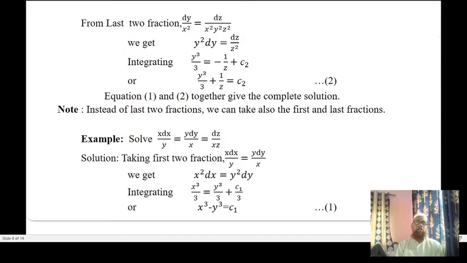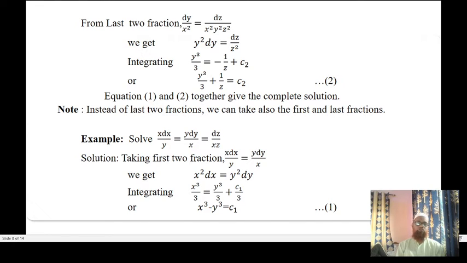Next, consider the last two fractions: dy by x square equal to dz by x square y square z square. So both x square cancel. Taking y square to this side, y square dy equal to dz by z square. By variable separable, it can be easily integrated: y cube by 3 equal to minus 1 upon z plus c2.